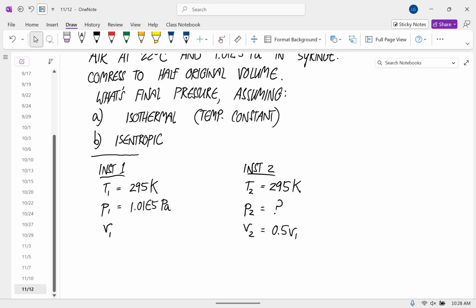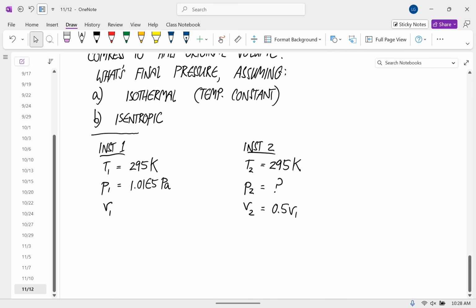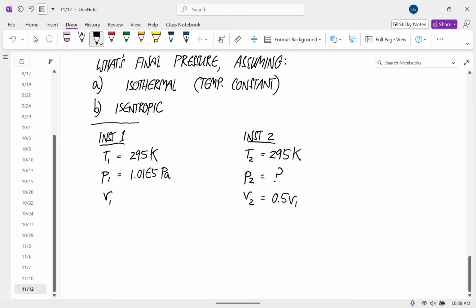So we can just do this using the ideal gas law. We have that 1.01 times 10 to the 5th times V1 is equal to R for air, 287, times 295.